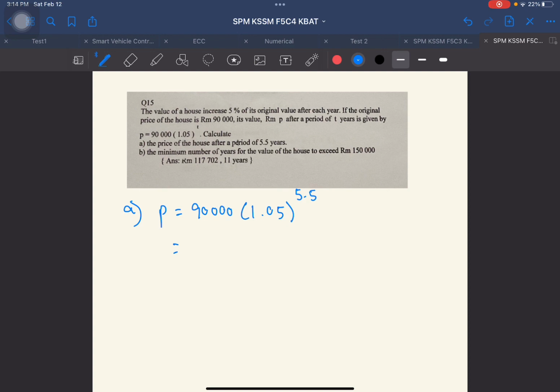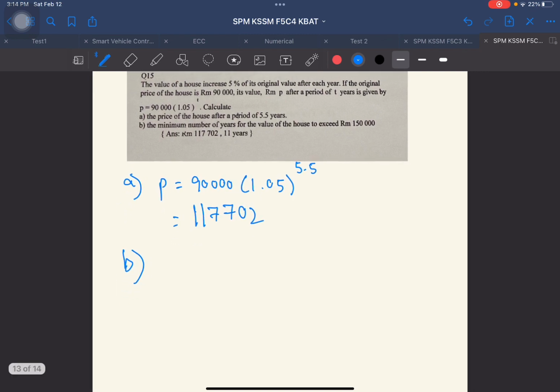What do you all get? I get 117702. Alright, so this is the answer, and then let's move on to B. Calculate the minimum number of years for the value of the house to exceed 150k.